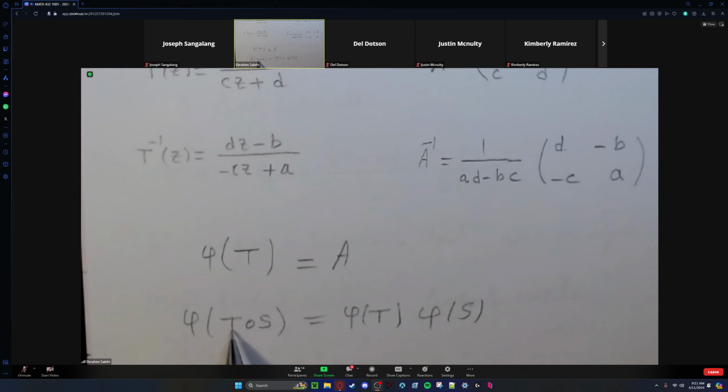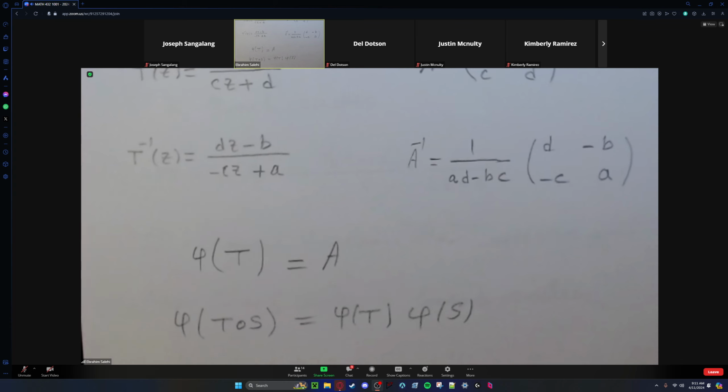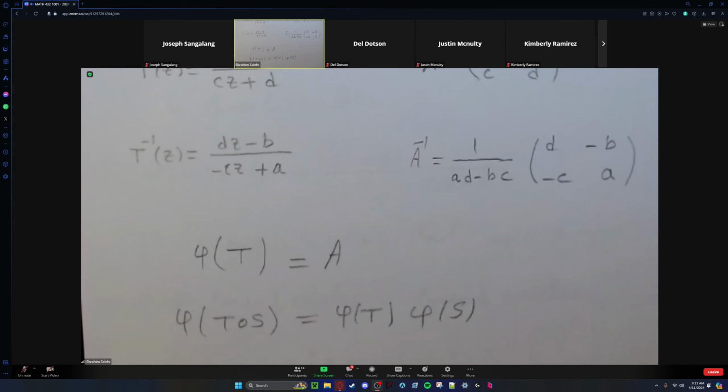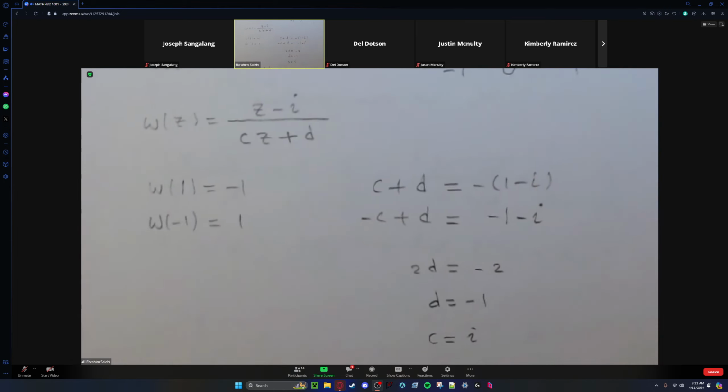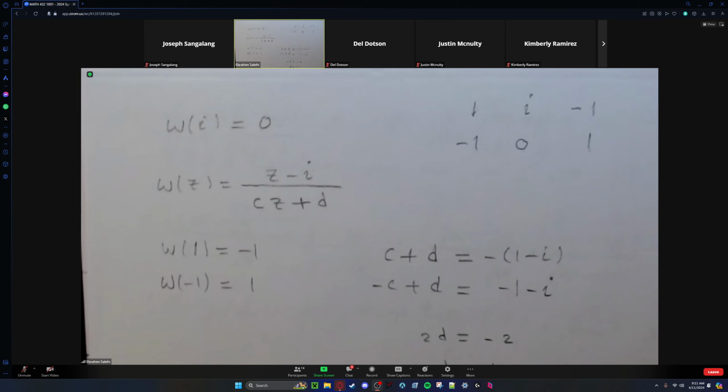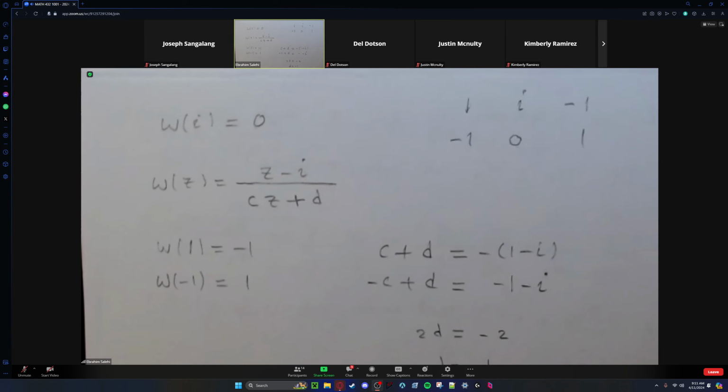So if you compose two linear transformations, phi of that will be the product of these 2 by 2 matrices. Okay. Anyway, that's just giving you information about the two algebraic structures.